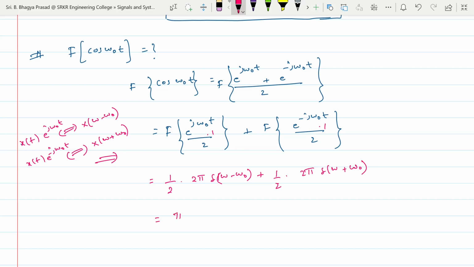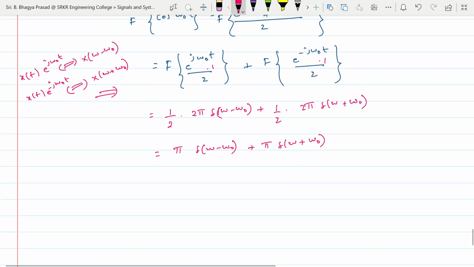We get pi delta of omega minus omega naught plus pi delta of omega plus omega naught. This gives the Fourier transform of cos omega naught t.